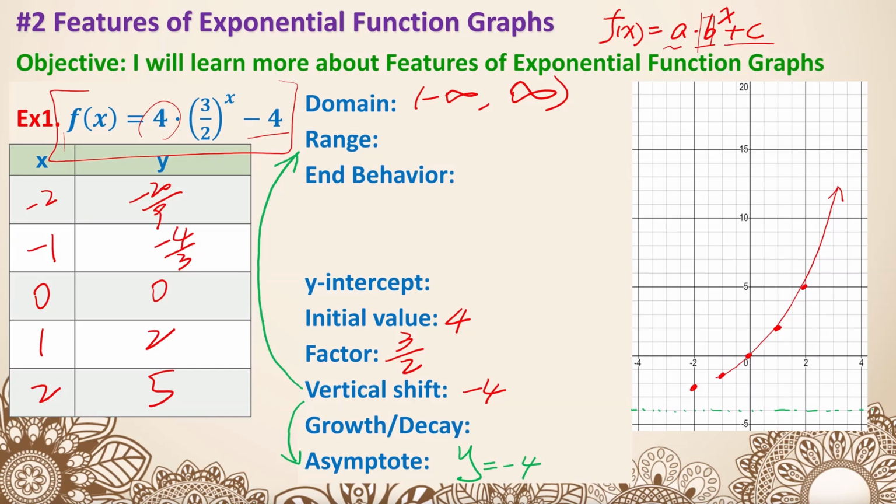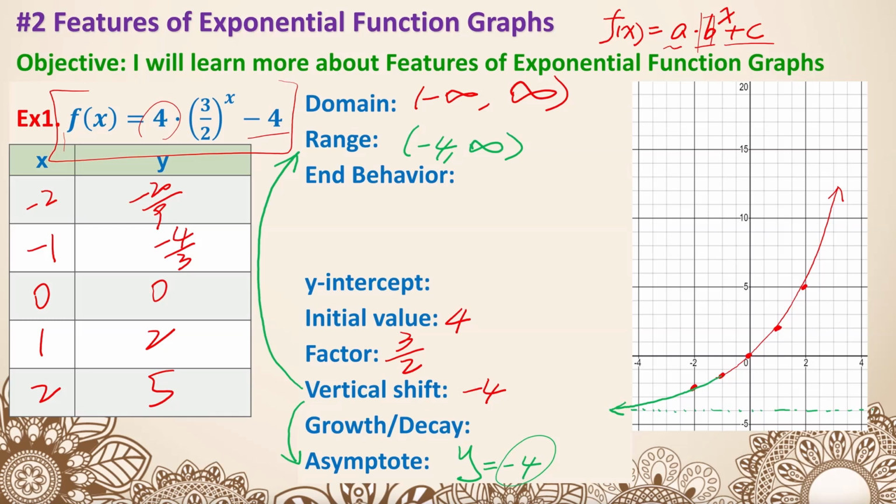And as soon as we draw the asymptote, we know what happens on the left end for this graph. It's going to keep going down, and it's getting close to -4, but it never crosses. So now with that, we can actually write the range. Because the range typically starts from the vertical shift or the asymptote, since it's never crossing or touching the asymptote, it's -4 to infinity.